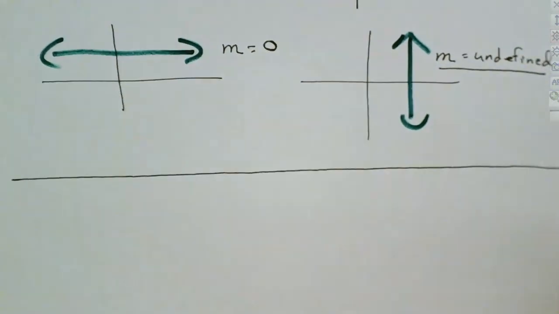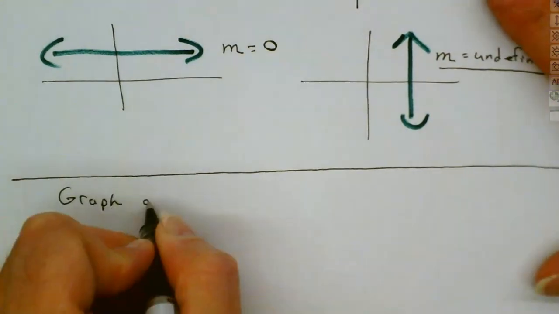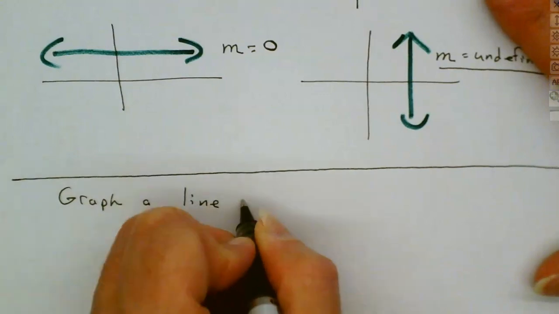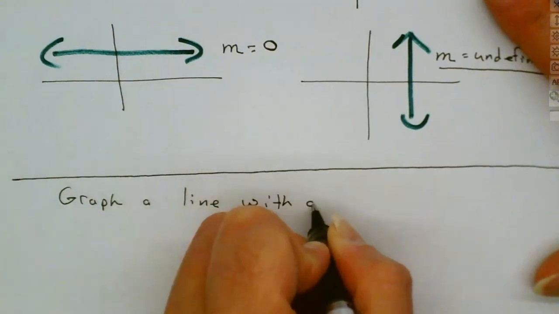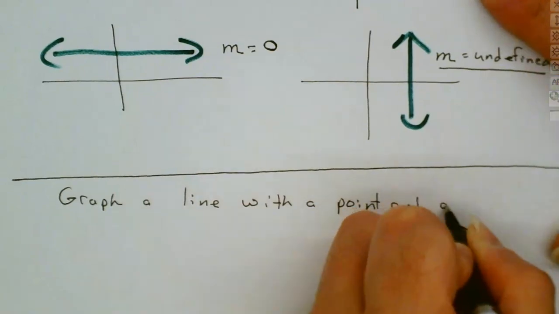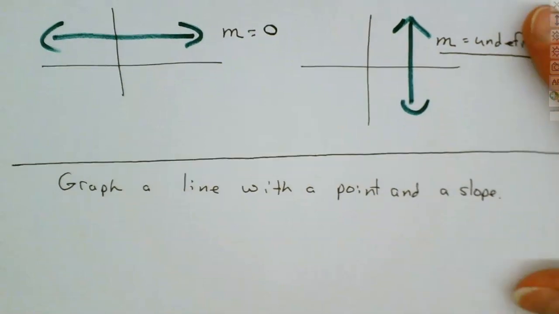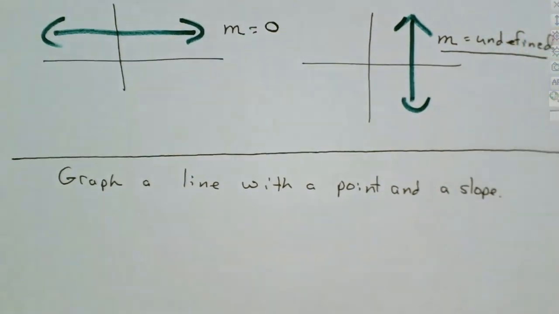Now that we have the slopes down, we can talk about how to graph a line when you've got a point and a slope. So there are 3 ways that we can graph a line.